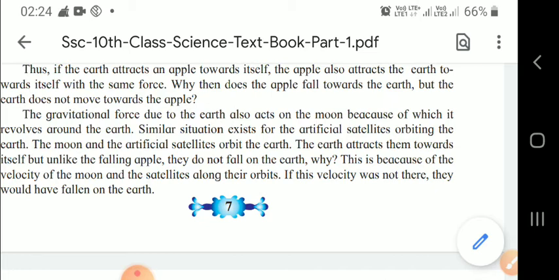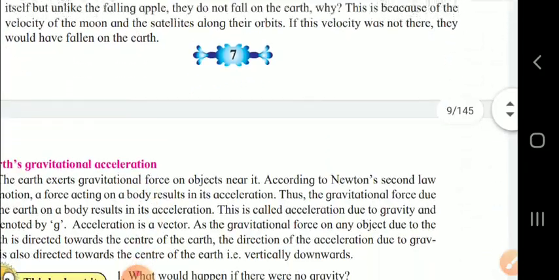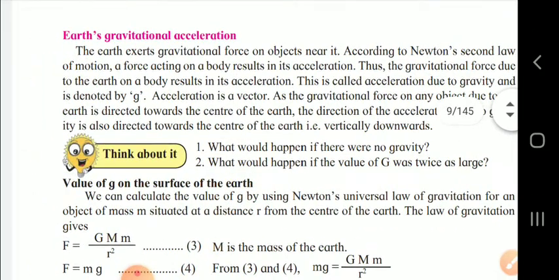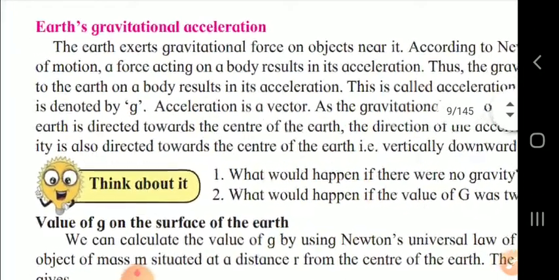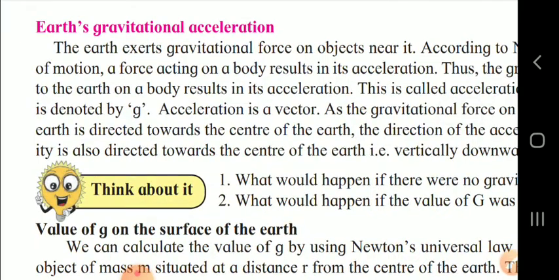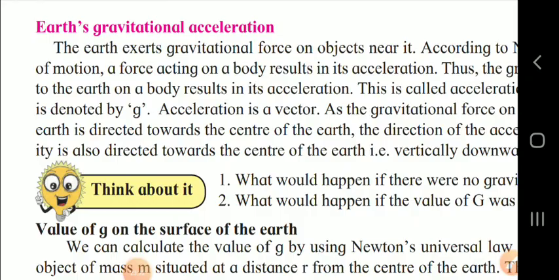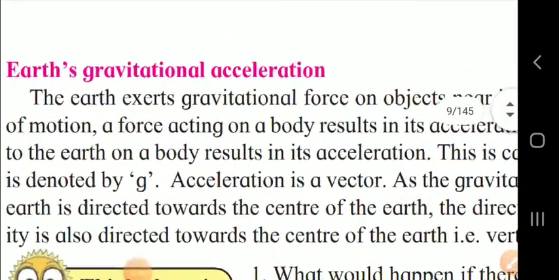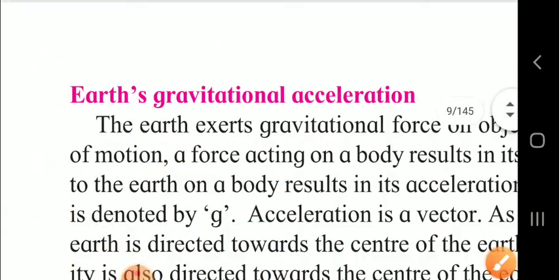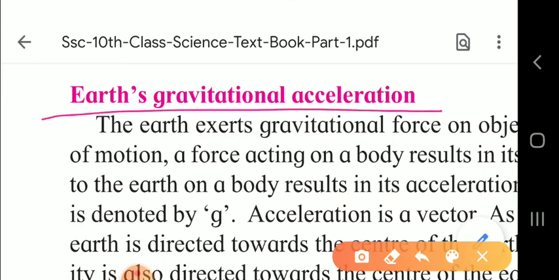Now let us see the earth's gravitational force. This is all about the earth's gravitational force.